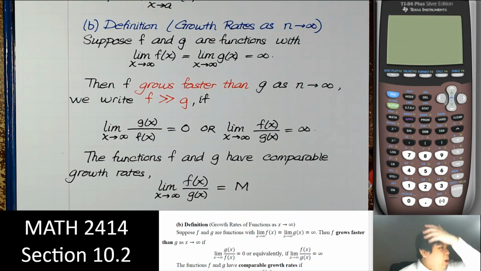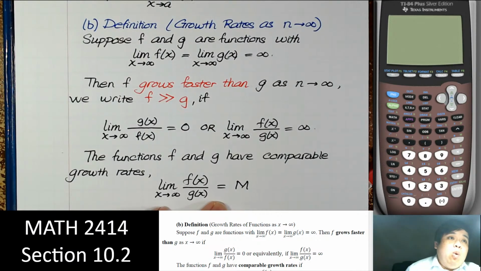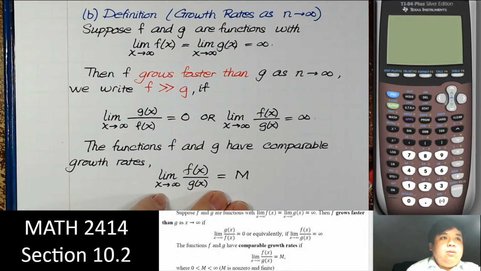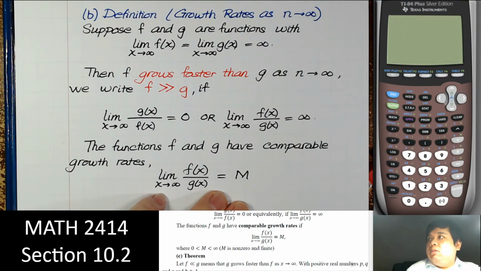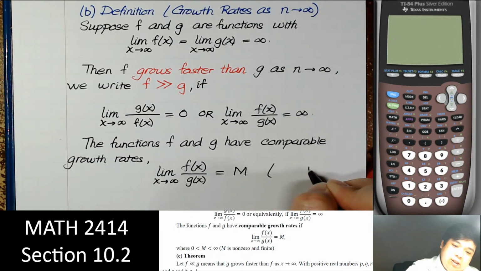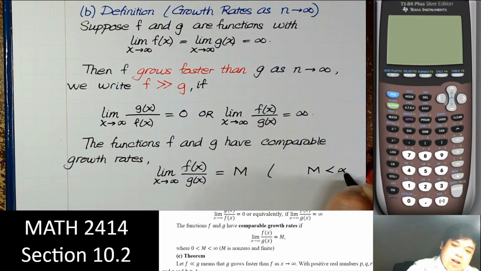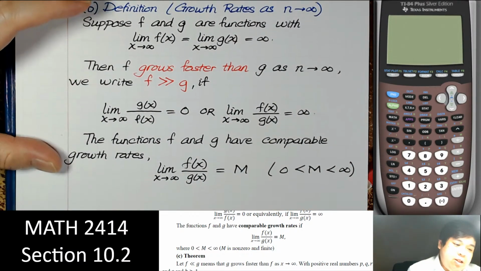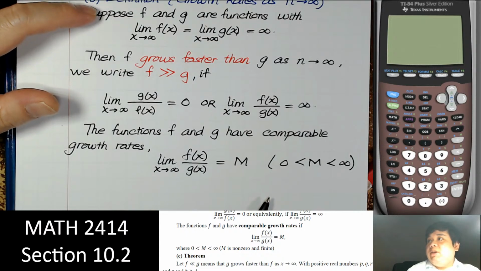So in this section, usually when we say the limit equal to something, we mean that number is finite, and that number is less than infinity but greater than 0. So just write like that. So it's not 0, it's not infinity.